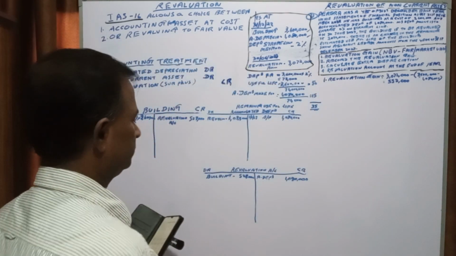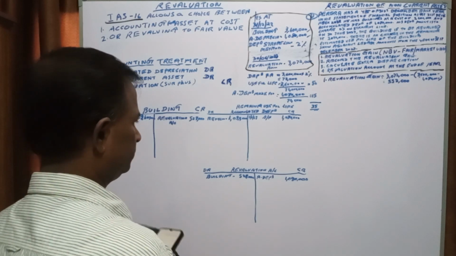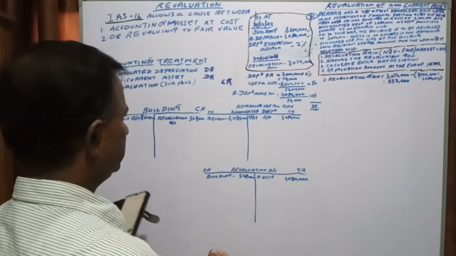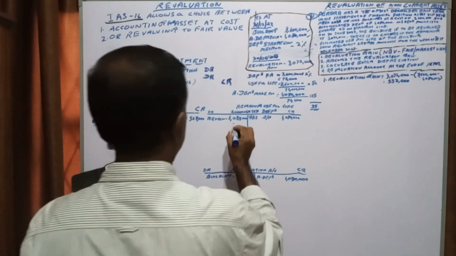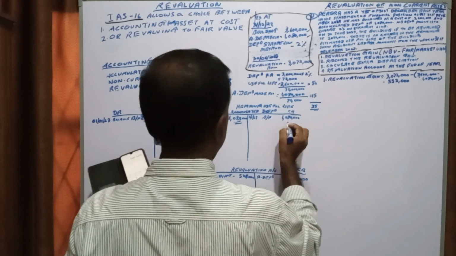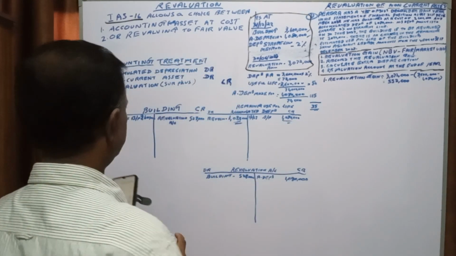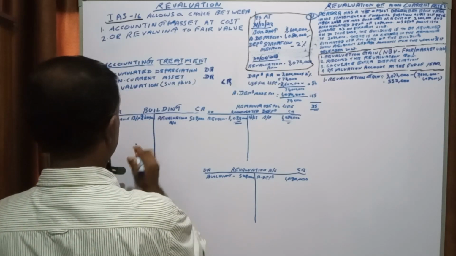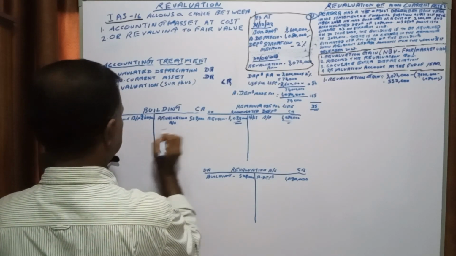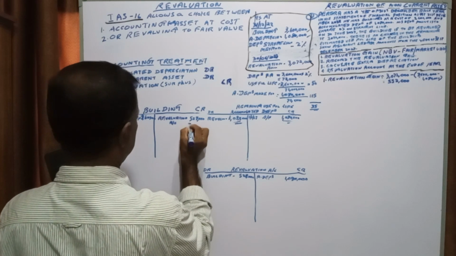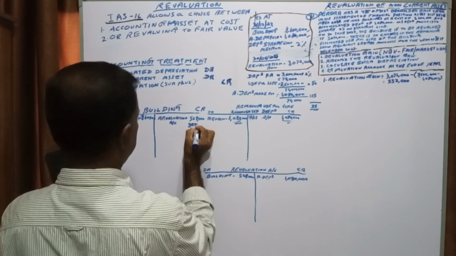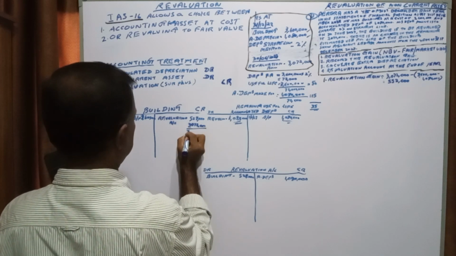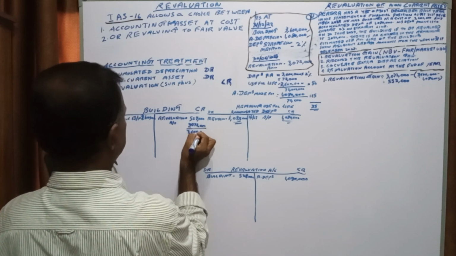Right. The transaction has been completed. Here we will say 3 million and 72,000, 3 million and 600,000.